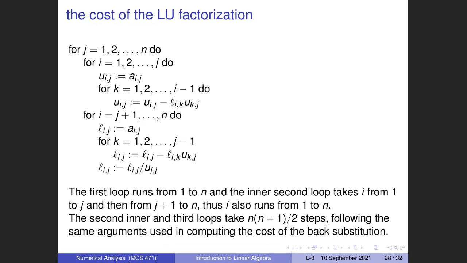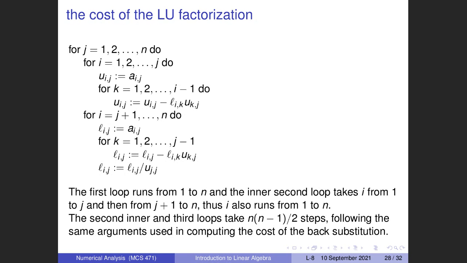Now I will say in the last 2 minutes something about the costs. The argument is explained over here with the explicit counting of the number of steps in the innermost loop, and then assembling this.